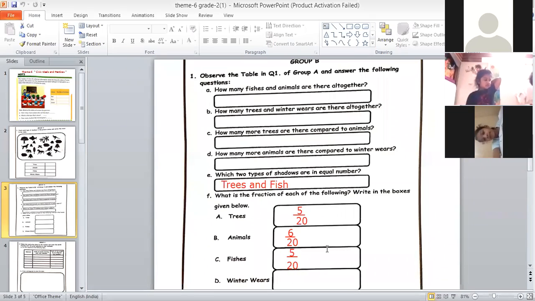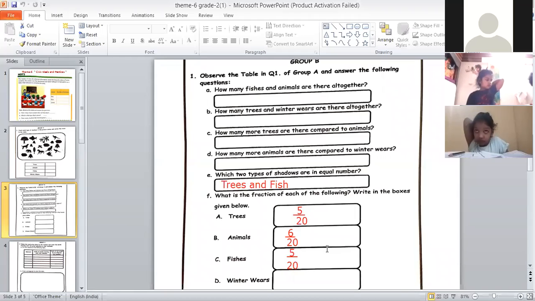Read that. 5 divided by 20. We will not read it as 5 divided by 20. We will read it as 5 by 20, or you can read it as 5 upon 20. Not 5 upon of 20.